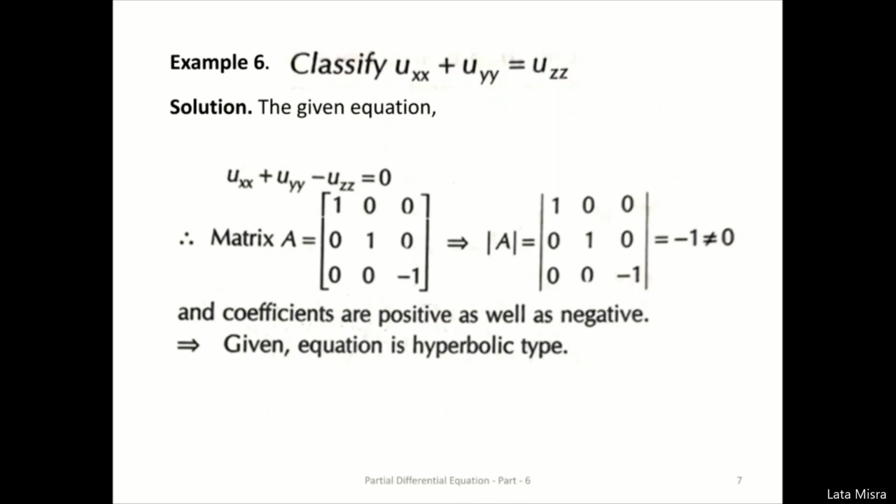So we write the coefficient matrix 1 0 0, 0 1 0, 0 0 minus 1, and we find the determinant of this matrix, that is equal to minus 1, and minus 1 is not equal to 0. So here we have positive terms as well as negative terms. So the given partial differential equation is hyperbolic.